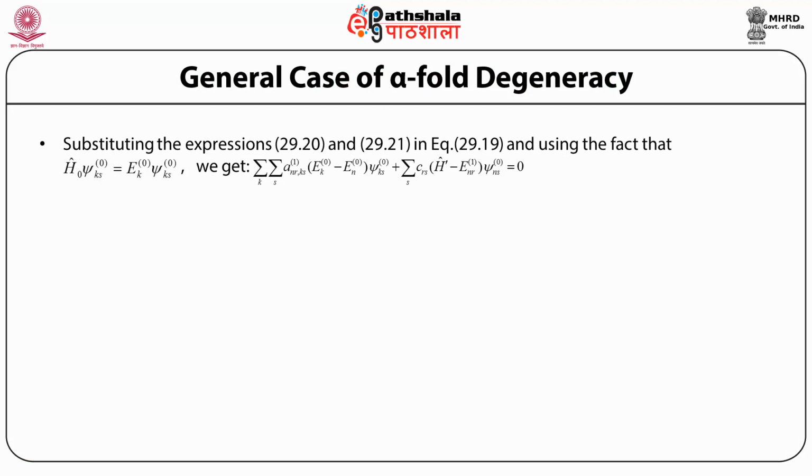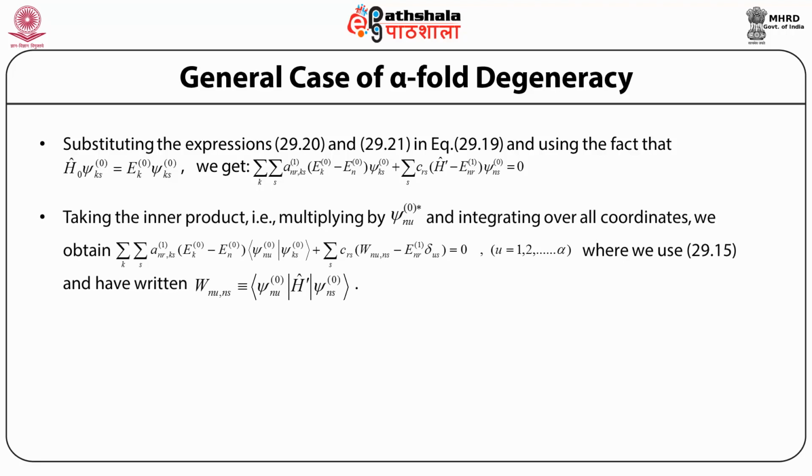Substituting the expressions 29.20 and 29.21 in equation 29.19 and using the fact that H0 psi ks0 equals EK0 into psi ks0, we get sum over K, sum over S, A1 nr,ks into EK0 minus EN0 into psi ks0 plus sum over CRS into H prime minus ENR1 into psi ns0 equals 0.